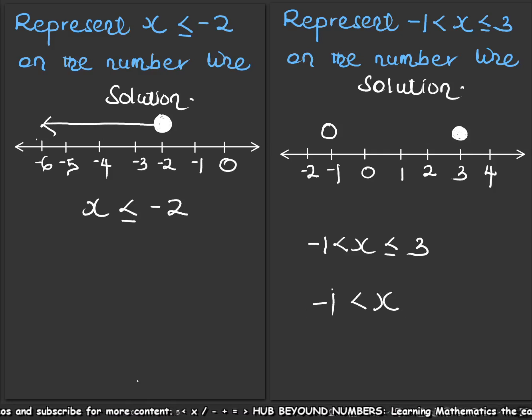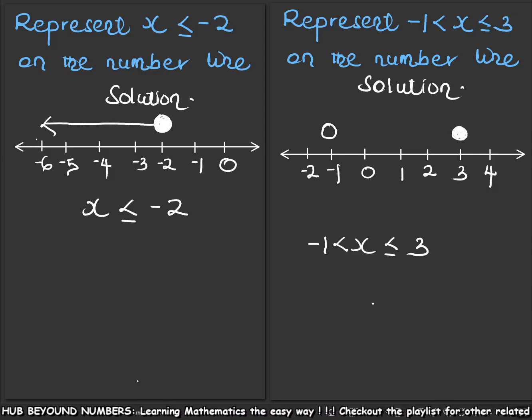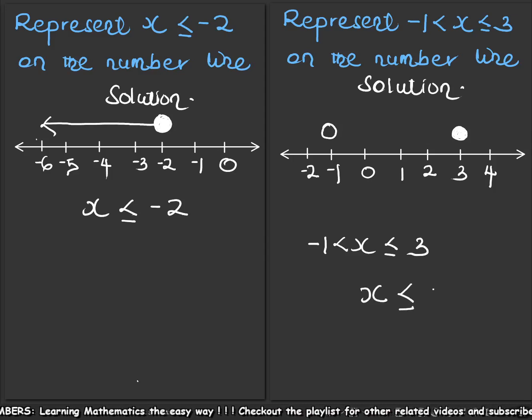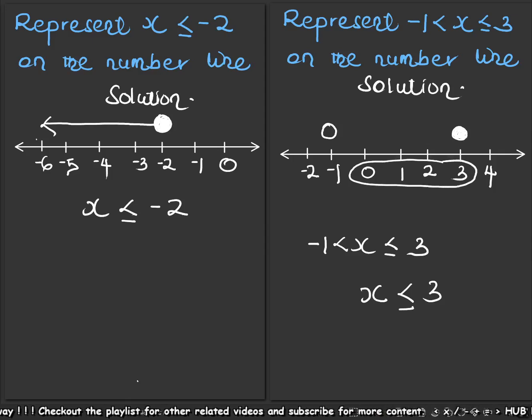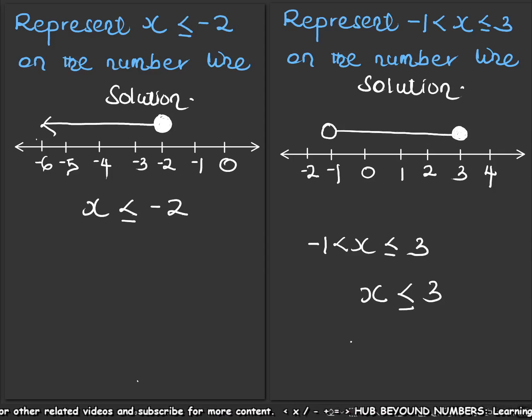And if that is the case, then all the values that are greater than -1 are going to be towards this direction. You see, and it goes on to tell us that, but then x is less than or equal to 3. So all the values here, they are not going to exceed 3. But then all these values here are what is going to satisfy. So we just put a straight line between these two circles, and that is it.